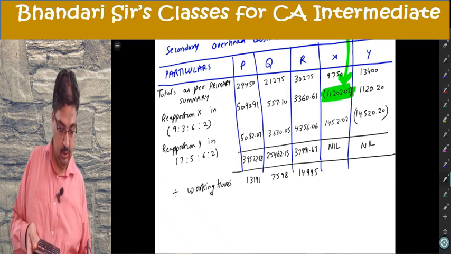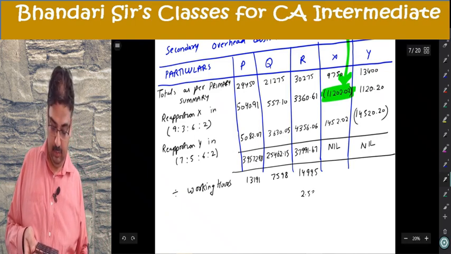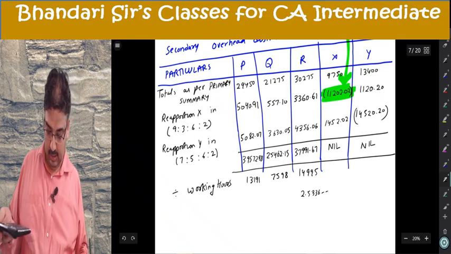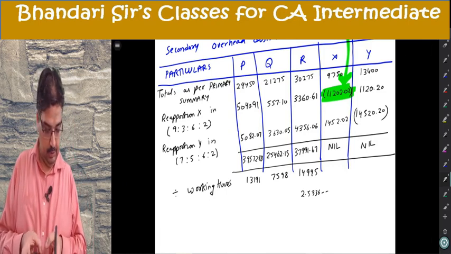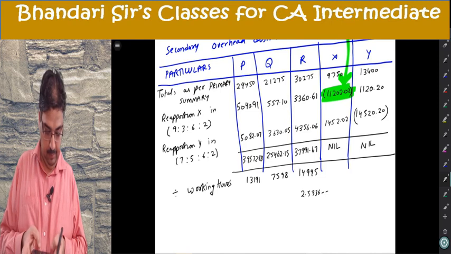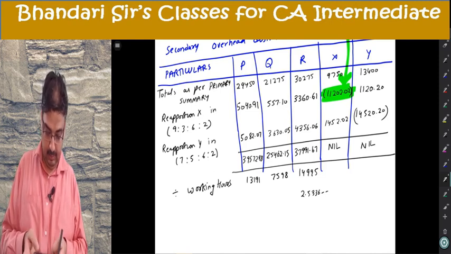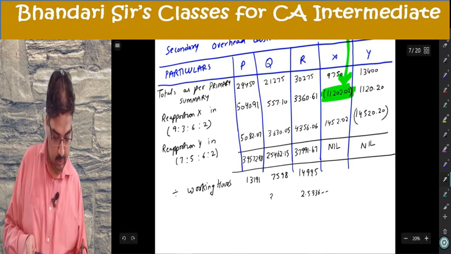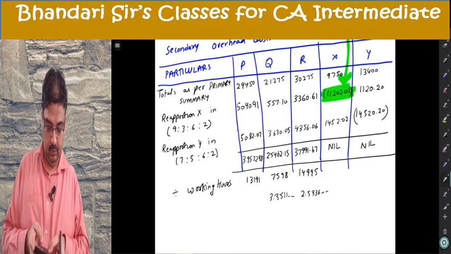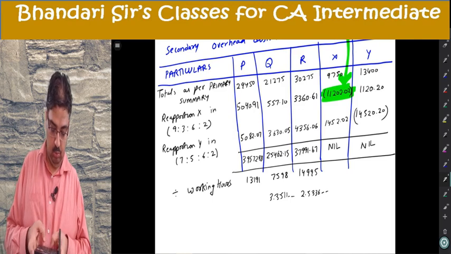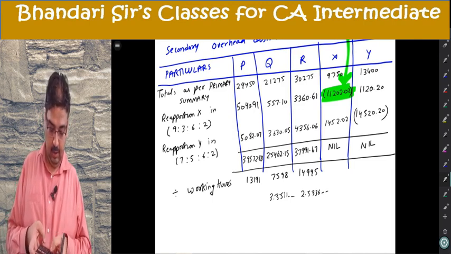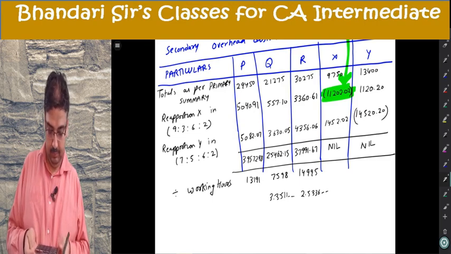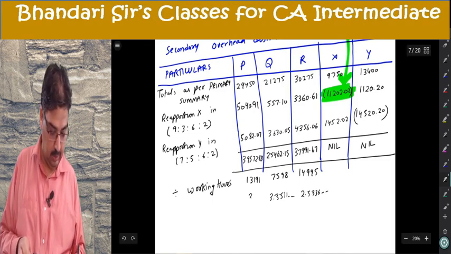I'm getting here 2.5336. 25462.15 divided by 7598, 3.3511. 39572.98 divided by 13191. I'm getting approximately 3.